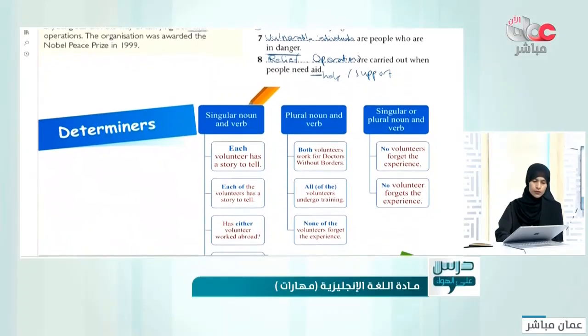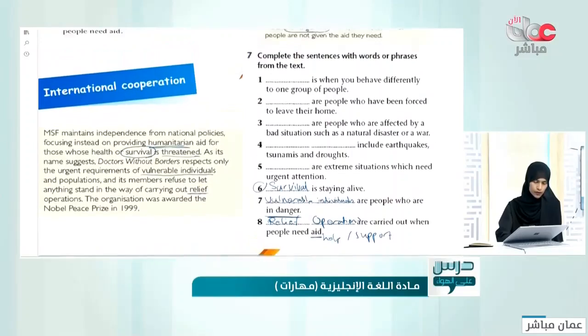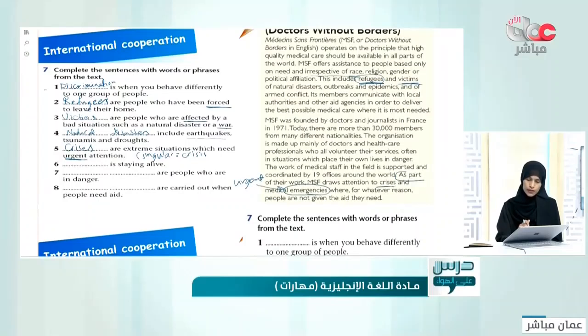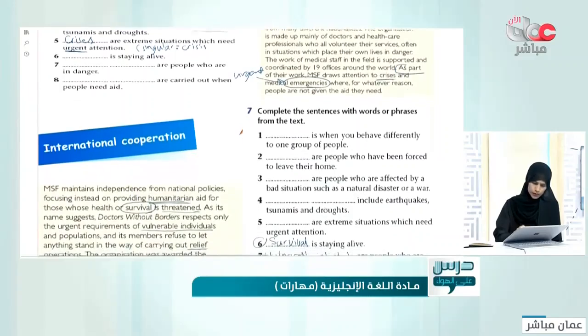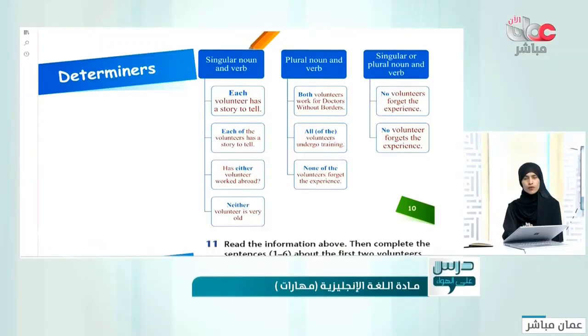Okay, we're still with the first part of the unit, which is 8A. I just want to look at an example of the grammar we're going to take. The grammar point, the language point, which is in 8A, is determiners.